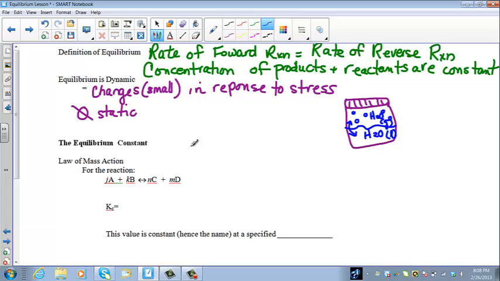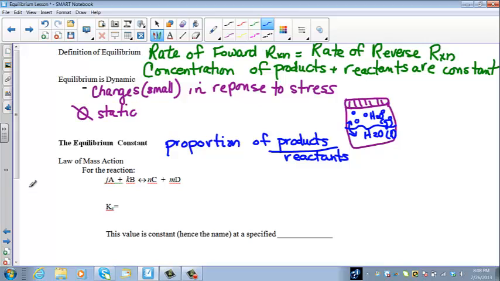Okay, the equilibrium constant is a proportion of products to reactants. And this law of mass action that we use to determine the equilibrium constant was actually discovered by some Norwegian chemists, Guldberg and Waage.